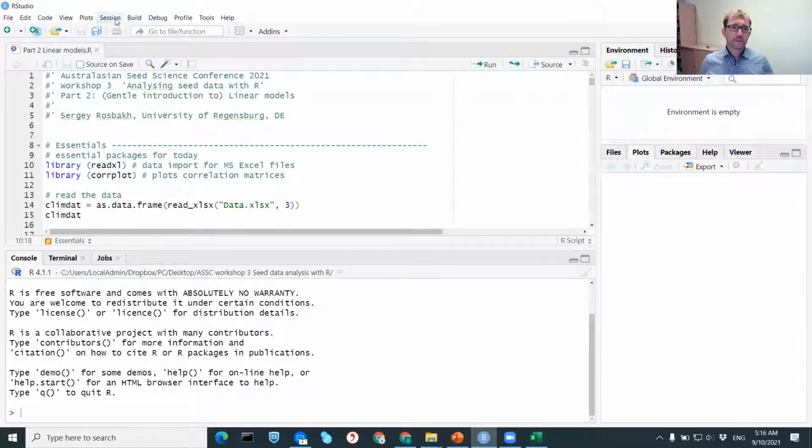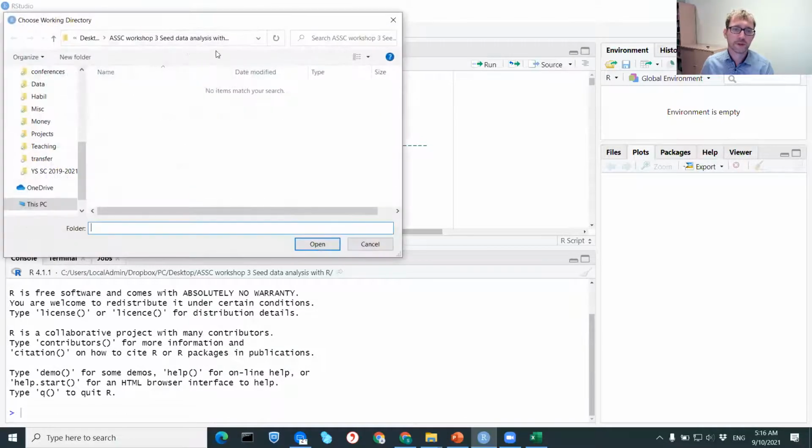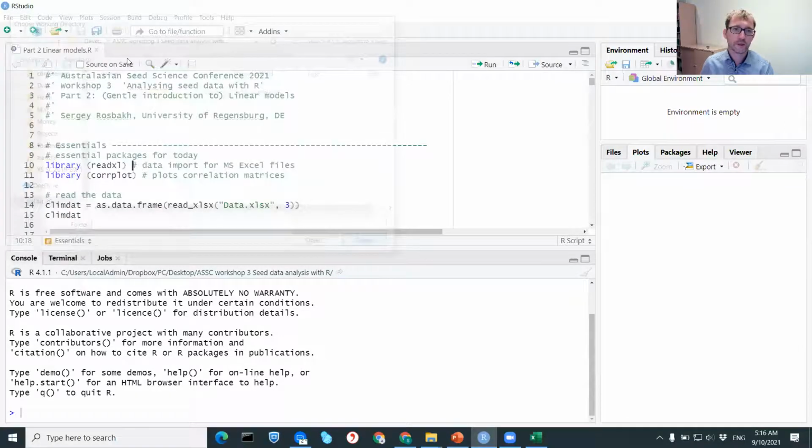Just a short reminder how to connect your R script with the data. Of course, you can type it in RStudio directly, but there's a much easier option. You go to Session, Set Working Directory. One option would be to choose the directory where your files are.